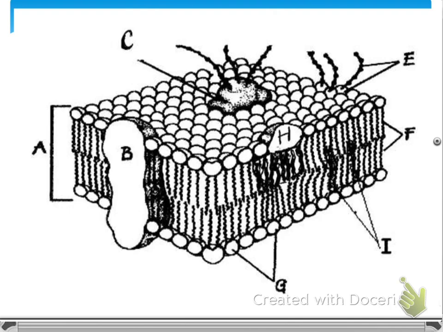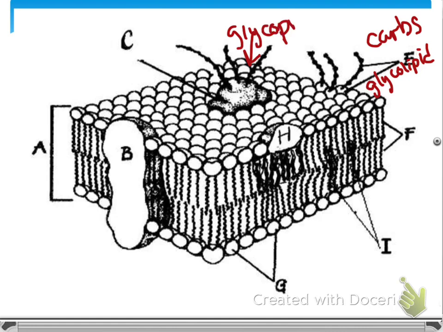And then here's another one. This is one that you will have on your worksheet that you're going to do in class on Friday. So once again, over here you have your carbs, which are attached. This is a glycolipid. Over here you have your glycoprotein. This in general is the head. This is the tail.